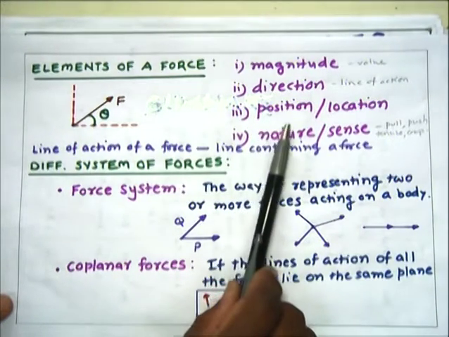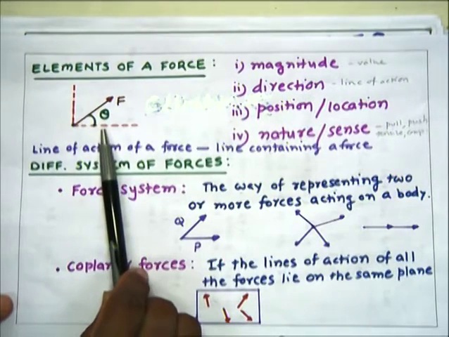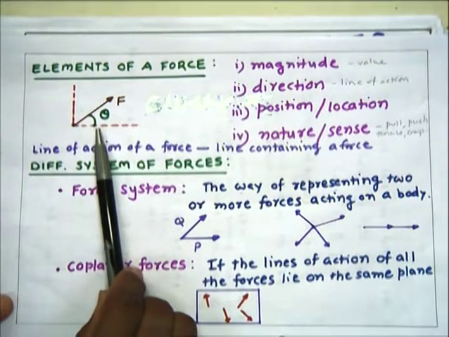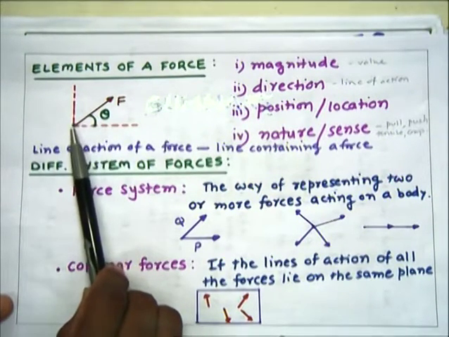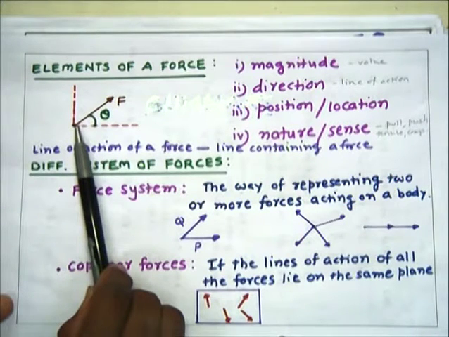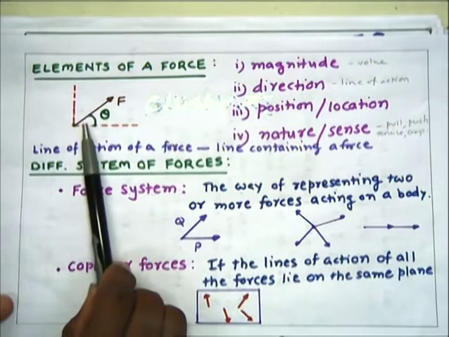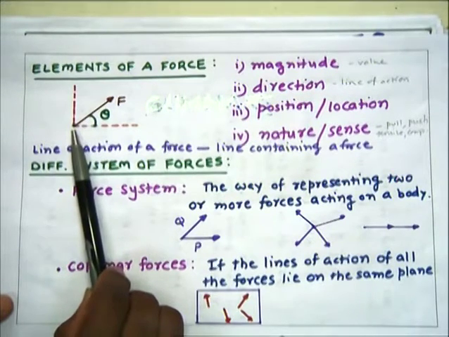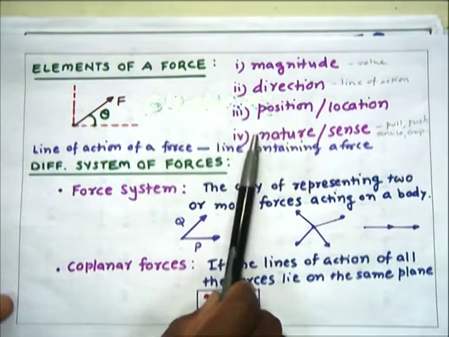Then position or location. Say we want to find the position or location, then we can see the force is acting through this point, so that point is its position or location. Or the line of action of that force is passing through a particular point, so that is its position or location.